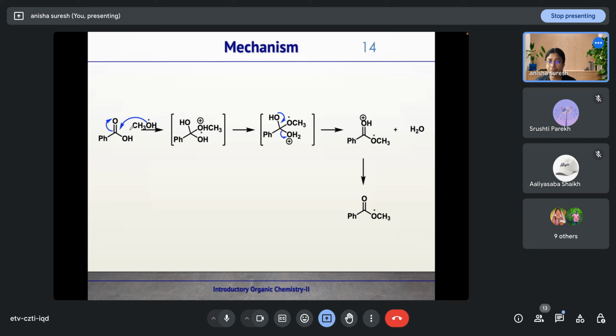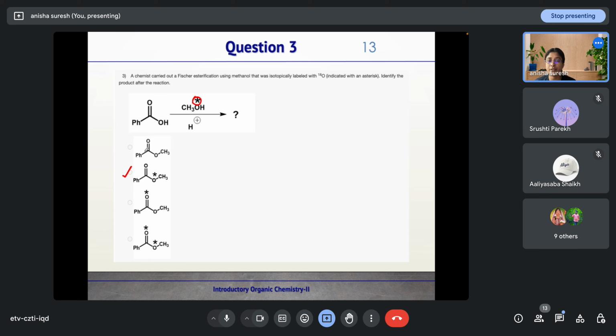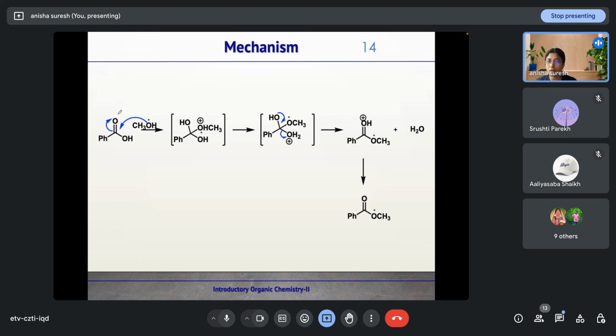Here in Fischer esterification, this carbonyl will be protonated, and this methanol will add on to this carbonyl carbon, and this bond will break and OH will be formed. So we will get this intermediate. Now proton transfer will take place from this methanol oxygen to the OH, and OH2 will be formed.